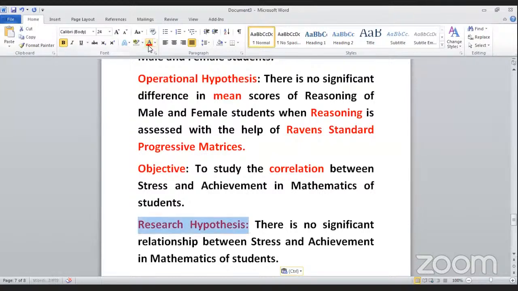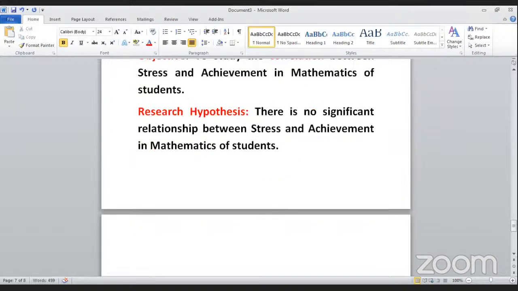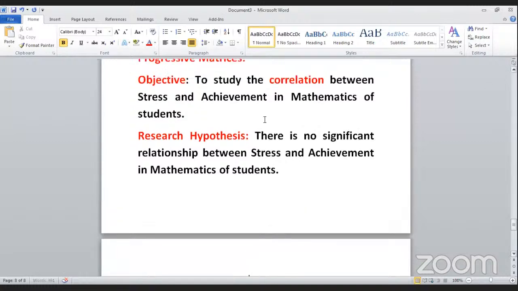So this is the research hypothesis. And if I want the statistical hypothesis, then it is very simple.